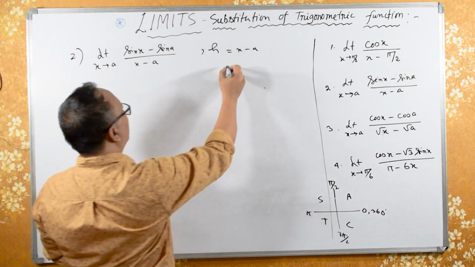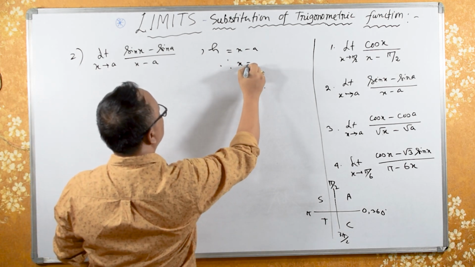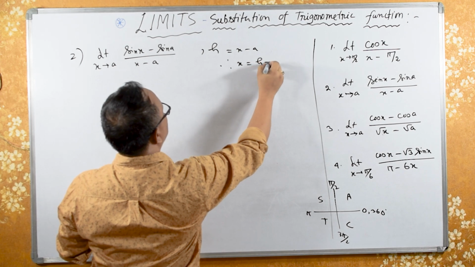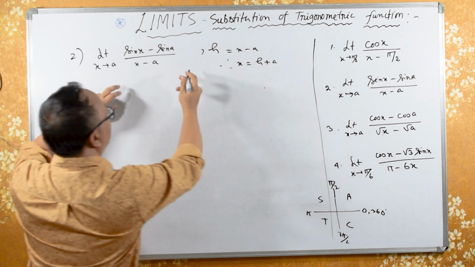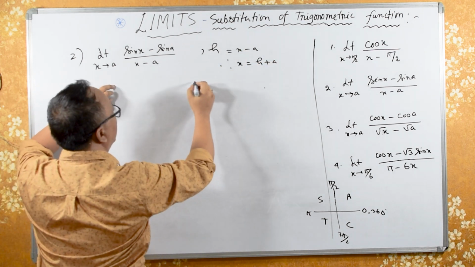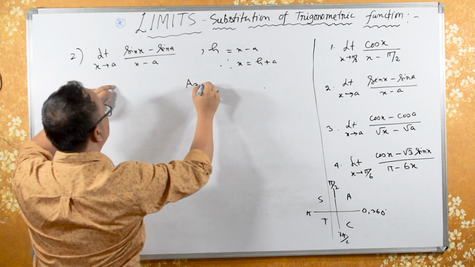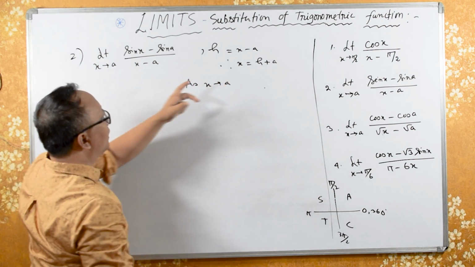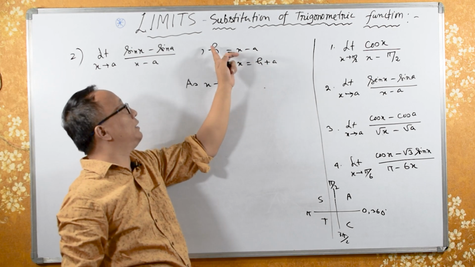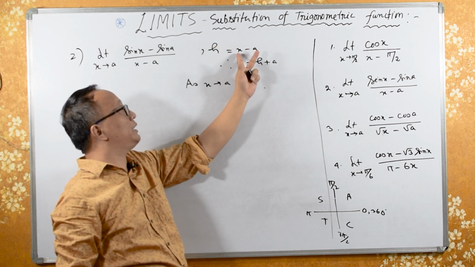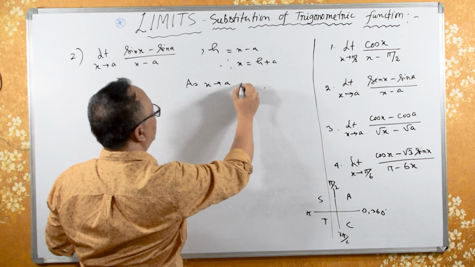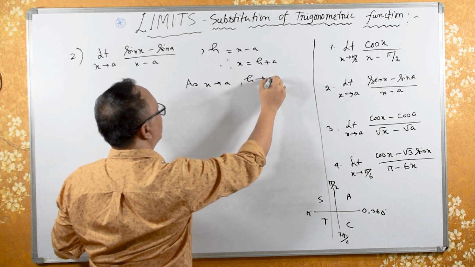Therefore, what is x? From here, x equals h plus a. As we change the limit, as x tends to a, the value of h becomes 0, because a minus a is 0. Therefore, h tends to 0.